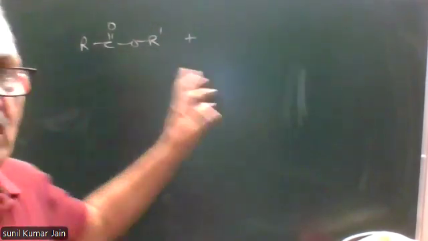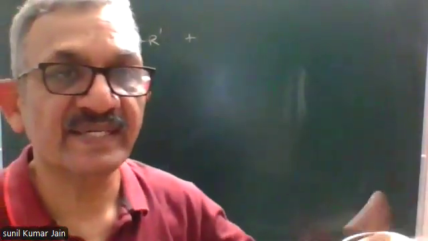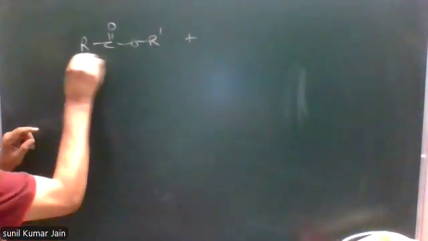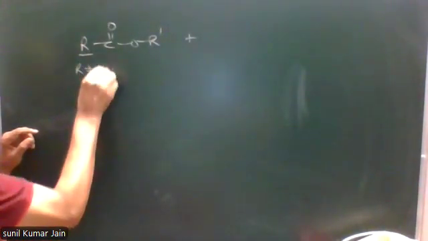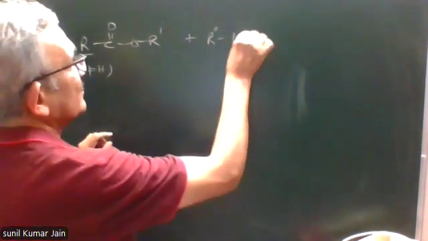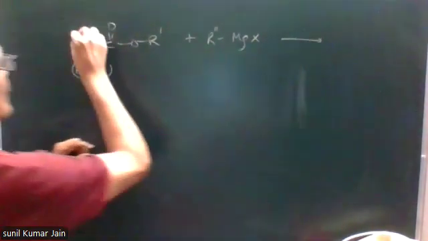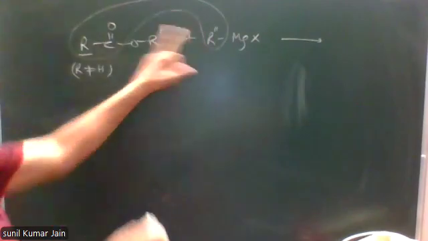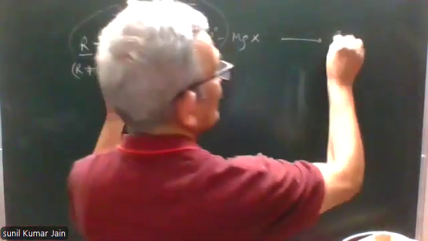Now this is an ester of an acid other than formic acid, right? It means this R is not hydrogen. It reacts with Grignard. This will be the ketone formed.